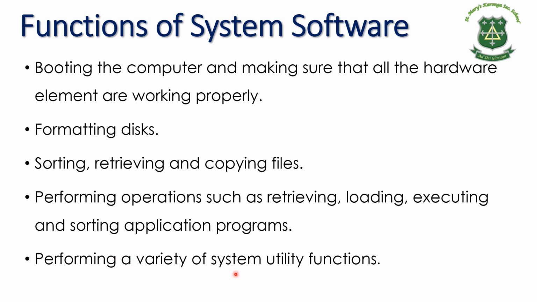The whole system is there to make many things work together, and for all those to work together, they are coordinated by the system software. So the function of the system software is to coordinate all the devices and all the hardware, to make sure that they are functioning properly. So that's the system software.